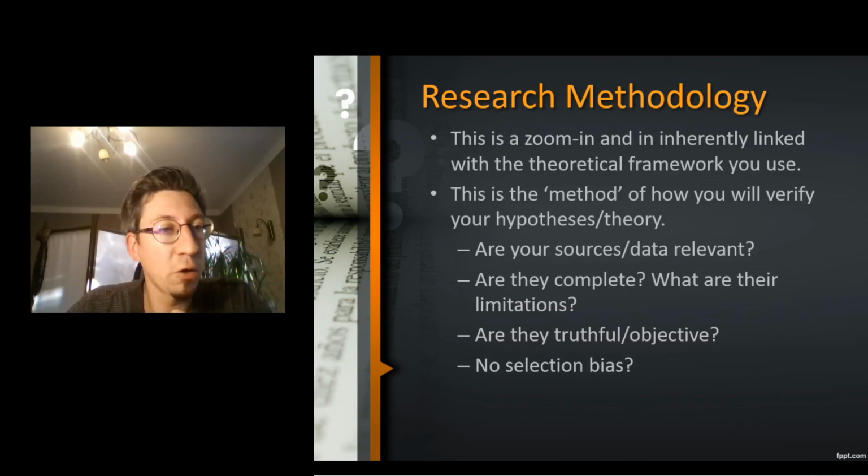Then, are your data complete? If you're talking about states, are you talking about all the states? Is your group of observations inclusive enough, or does it dismiss more? What are the criteria to dismiss and include cases? Then, are they truthful, objective? Has the data been played with?